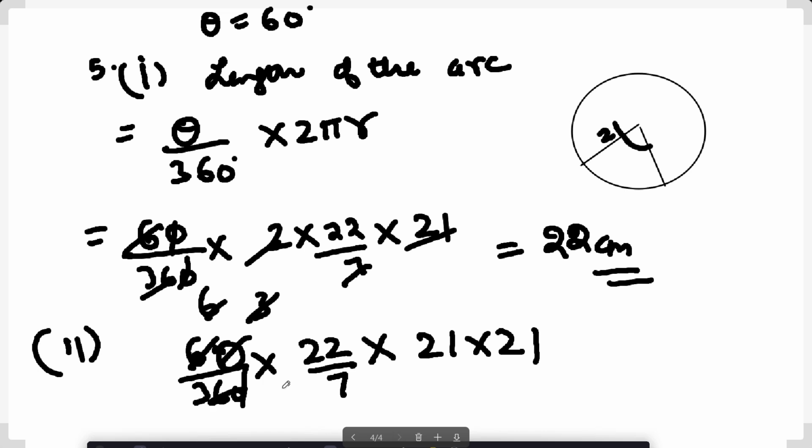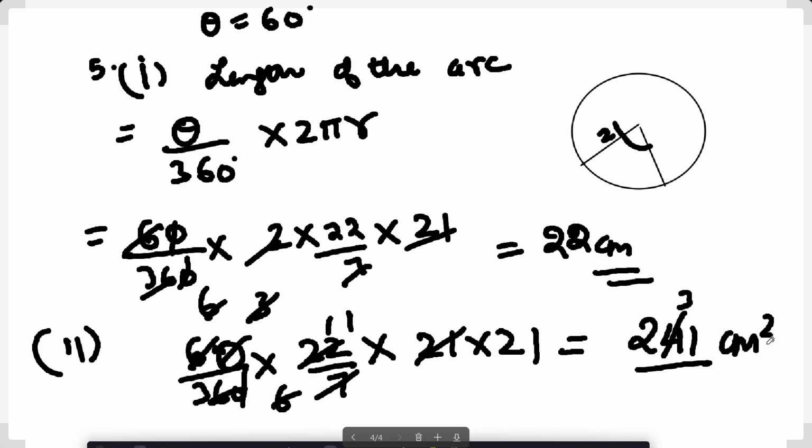Again like this, 6. Right? Sorry, 231. Because 21 into 21, 231, right?